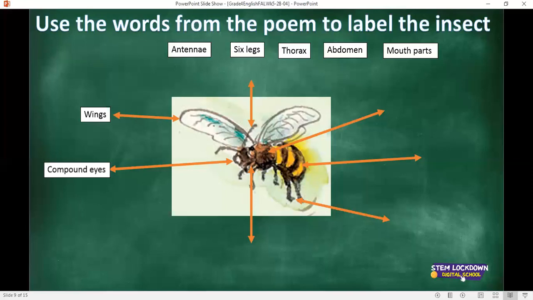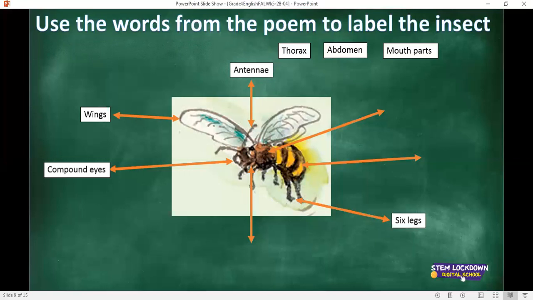Remember it says it uses them to feel and smell. So it goes there at the top of its head, where those 2 things are coming out of his head. His 6 legs, I think that's quite easy. Goes right to the bottom of my picture.